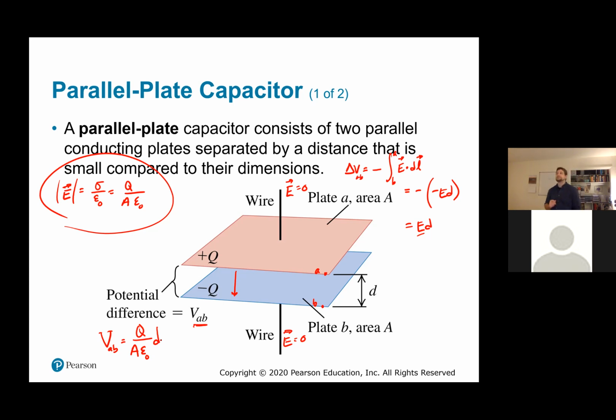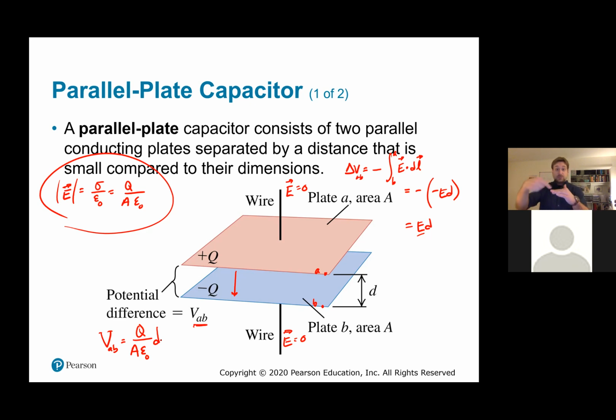Now, how good is this capacitor at storing charge? How much potential difference do we need to set up between these two plates in order to store a charge of magnitude Q on each one this far apart?